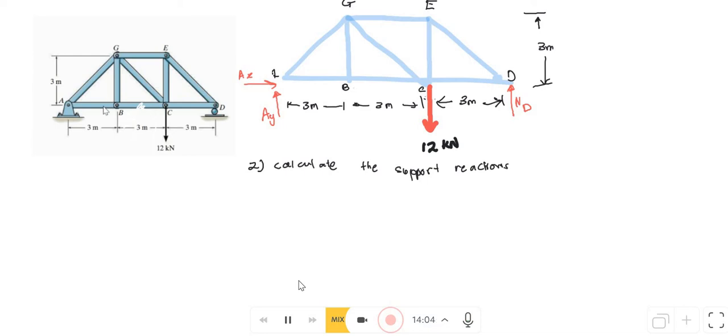We use the equations of equilibrium to solve the problem.